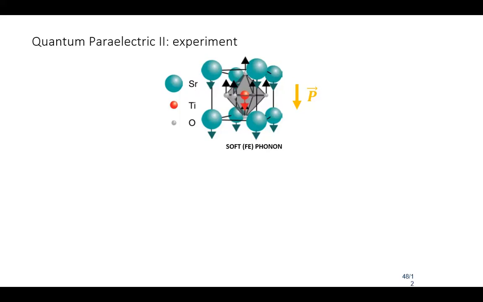This is the transverse optical mode: titanium moves, and this is the soft mode, because titanium charge is located against oxygen. So there is a balance between the charges of titanium and oxygen. And STO is a quantum paraelectric in the sense that below 30 Kelvin, all predictions say it should become ferroelectric, but that is still not what is observed.